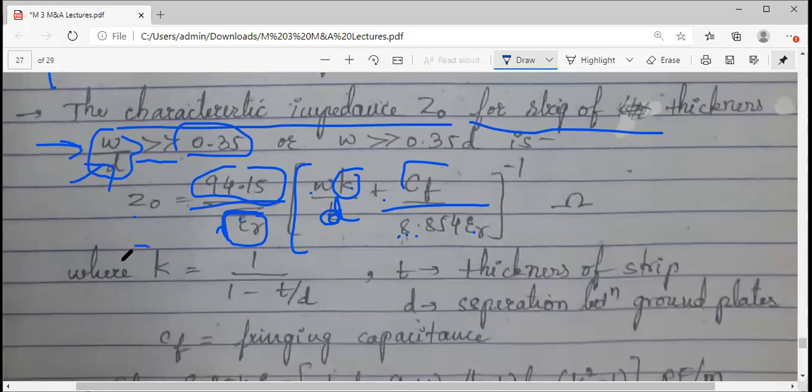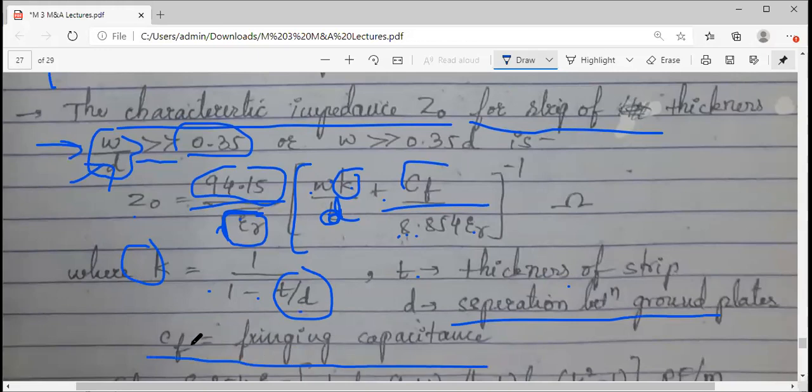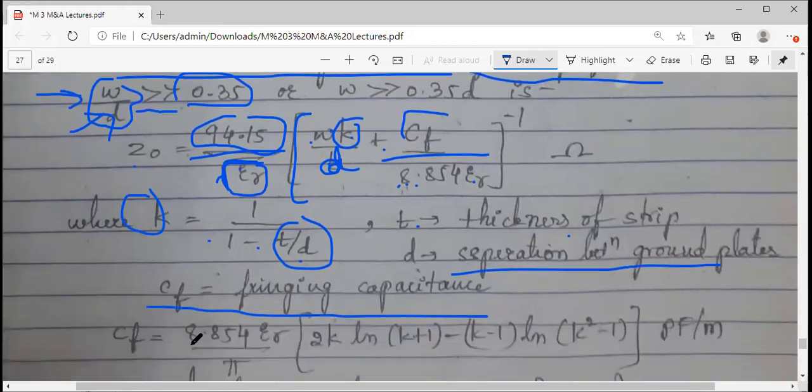And what is K here? K is 1 divided by 1 minus T by D. T is the thickness of the strip, D is the separation between the ground plates, and CF is the fringing capacitance. So these are the details I have given you for Z0.